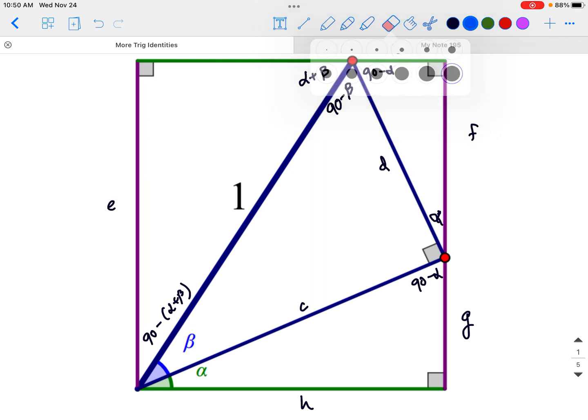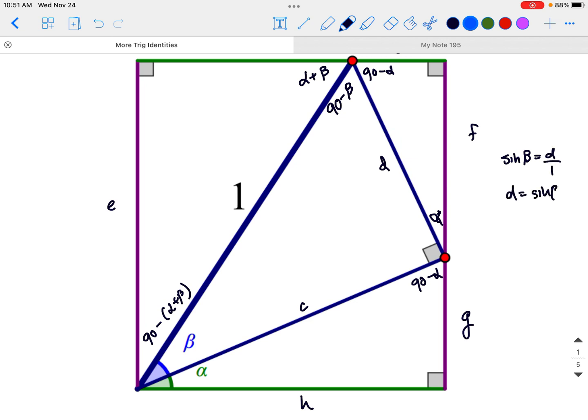So what we want to do next is figure out C and D, because those are inscribed in a triangle with hypotenuse 1. So really this triangle is on the unit circle. So if I take sine of beta, well, it's D over 1.